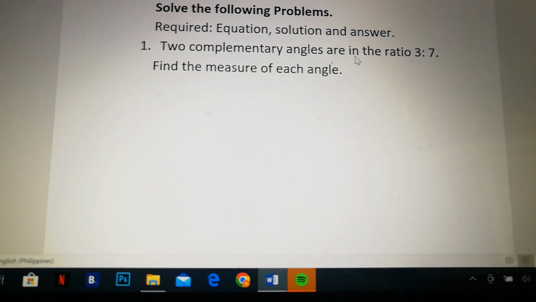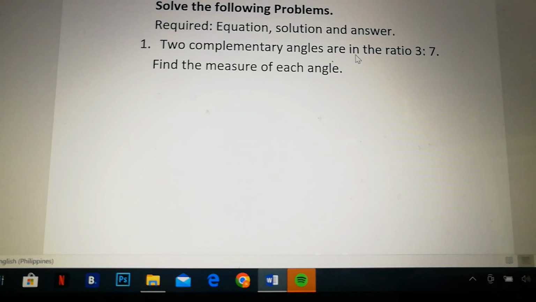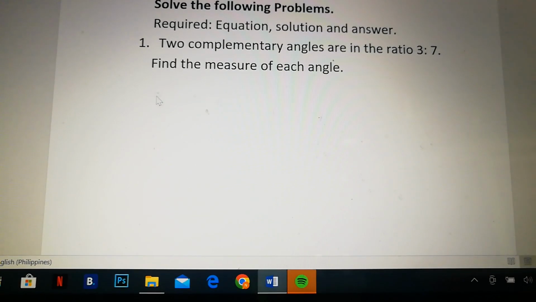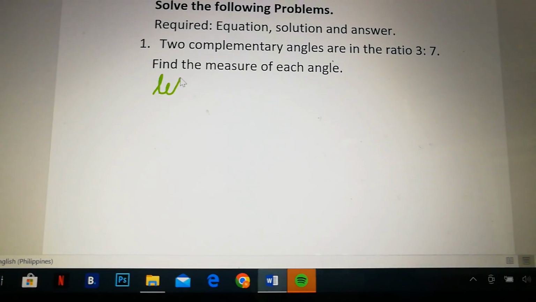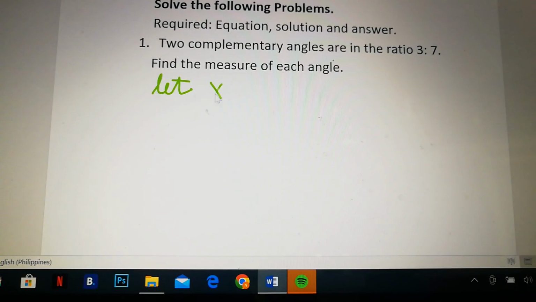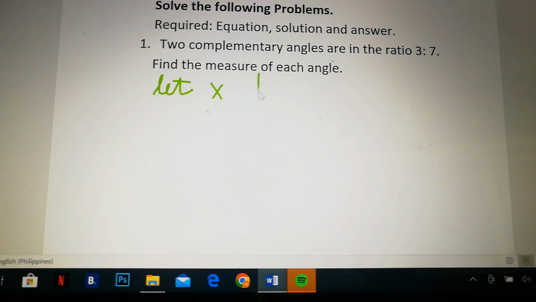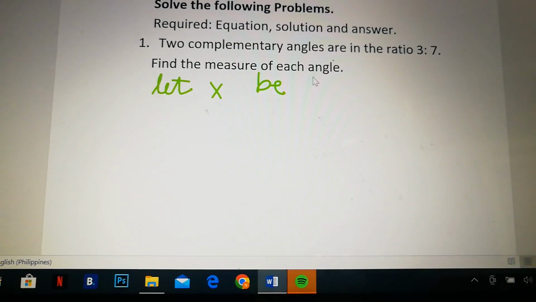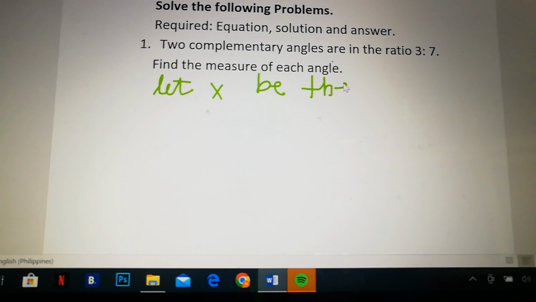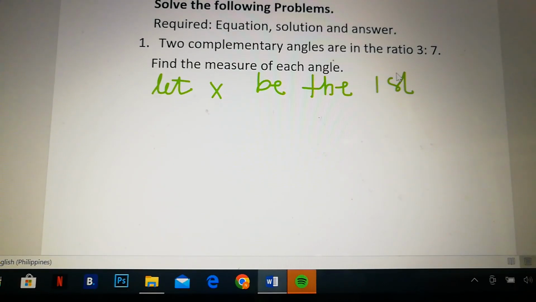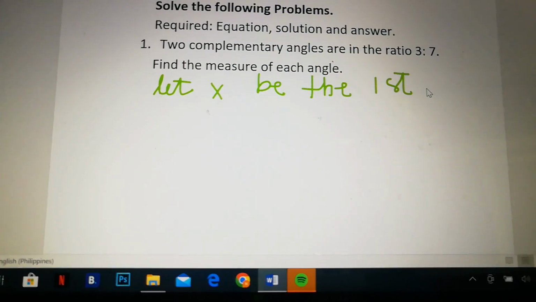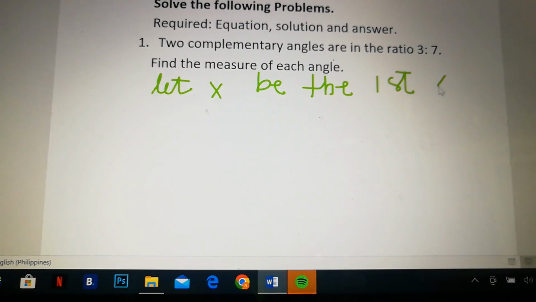Next, solve the following problems. You are required to give the equation, solution, and answer. So solving problems like this, you need to let x be the first number, the first angle.